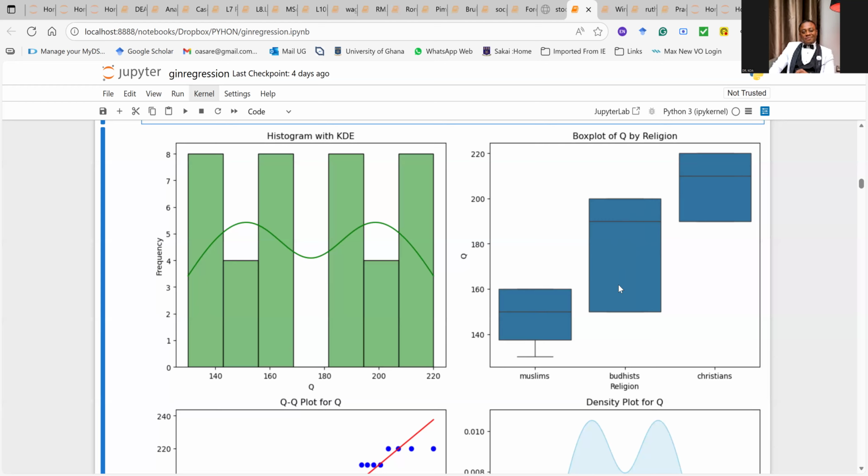The upper bound of the box is the 75th percentile. The lower bound of the box is the 25th percentile. So when you look at the center is the median, which is the 50th percentile as well. And when you look at the median, that of Christians is more than that of Buddhists.